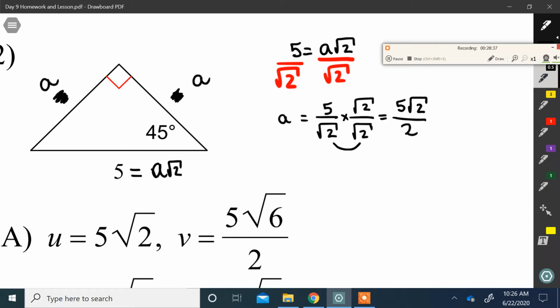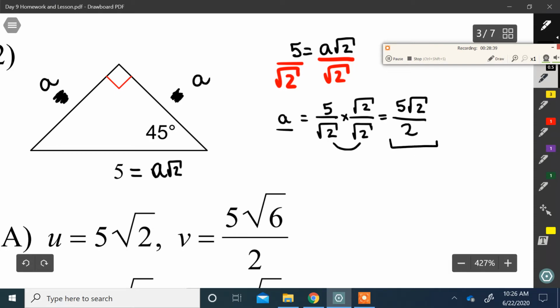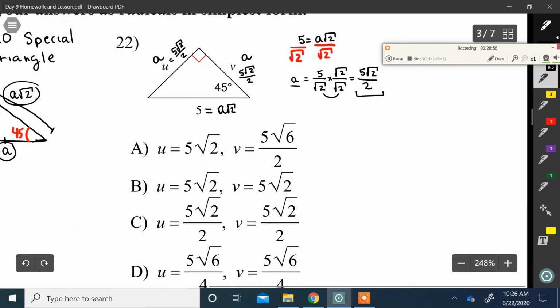So that means that A is equal to this right here. So this right here will be 5 square root of 2 over 2. And this right here will be 5 square root of 2 over 2. That is what X and Y are.